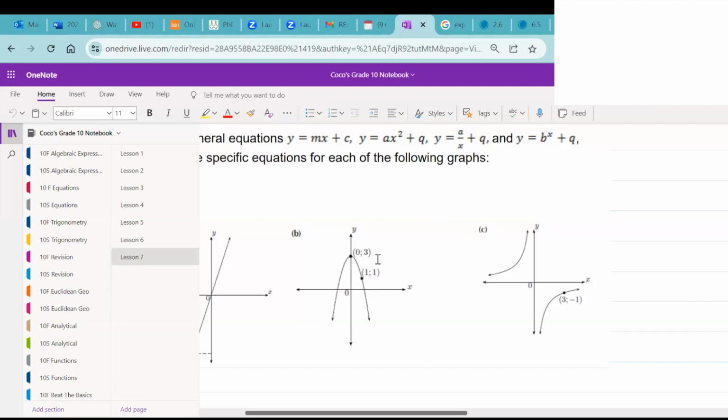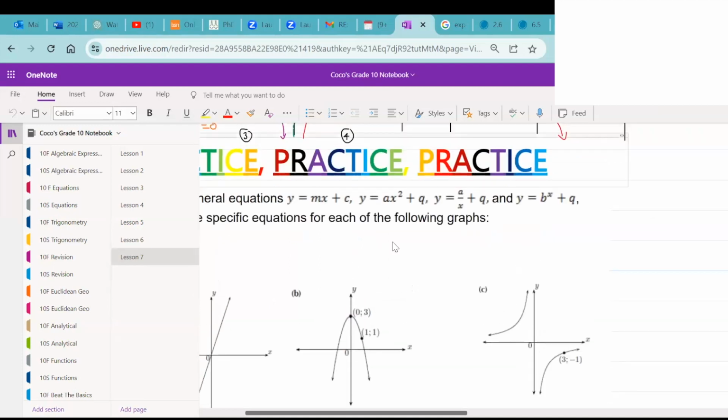Can you see that it is a turning point? So it will give us the y value of the turning point. So already we have y is equal to ax squared plus 3, right? And then what can we do in order to determine A?